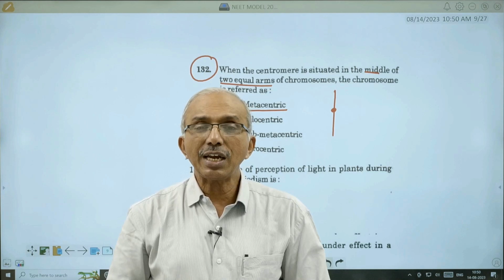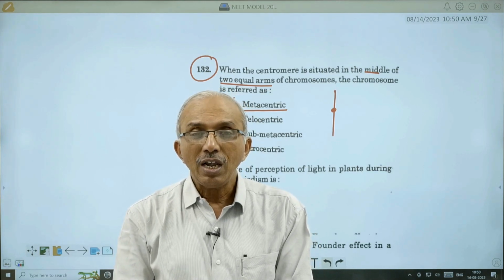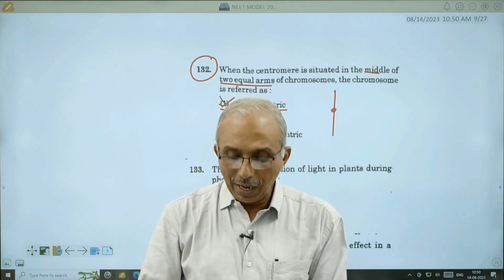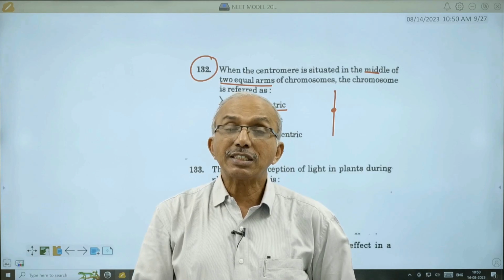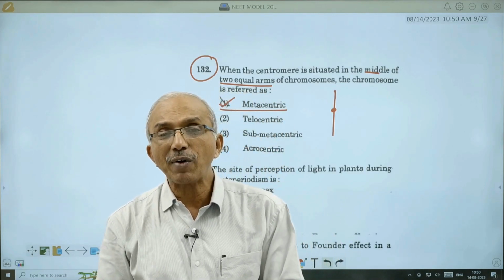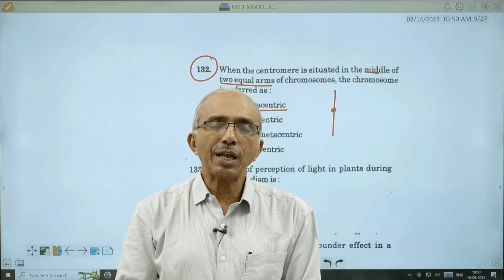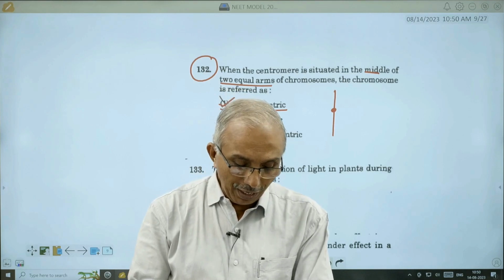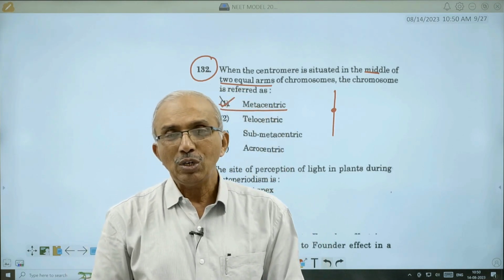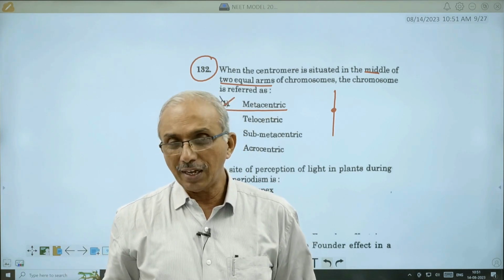In acrocentric chromosomes, one arm will be very short and the other will be large. So one arm will be much longer than the other.